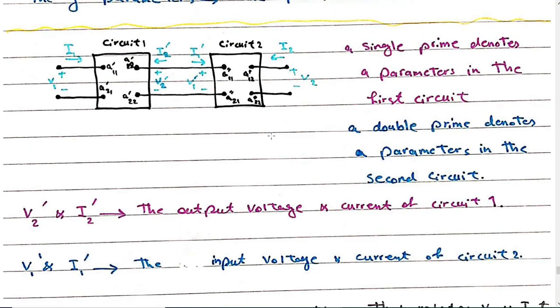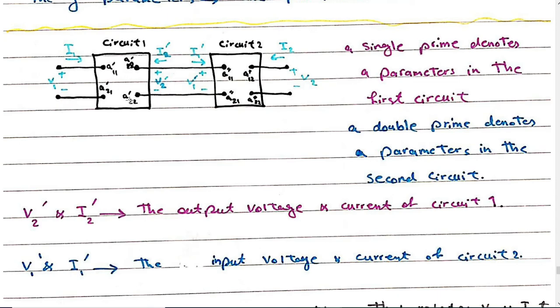So you can see from here, I1 is the input current and I2 is the output current, and I2 prime with single prime is the output current for the first circuit, and I1 prime is the input current for the second circuit.